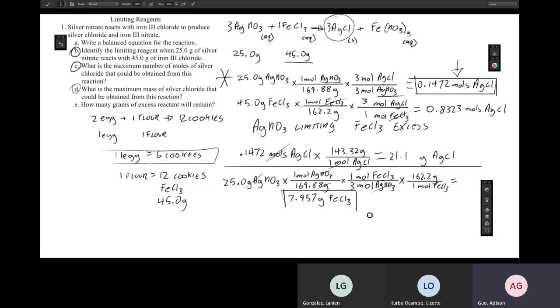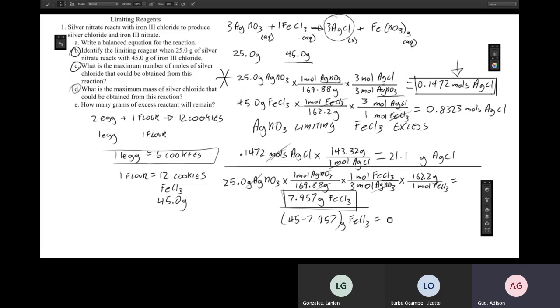So out of our initial 45 grams, we used about 8 grams of this, which means we're going to have like 37 grams left over. To do that math, you're just going to subtract: 45 minus our 7.957. I'm just going to say this is grams of iron chloride.